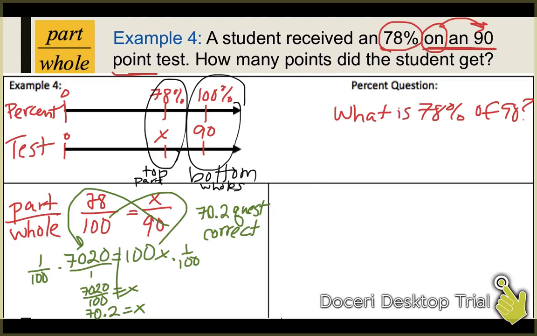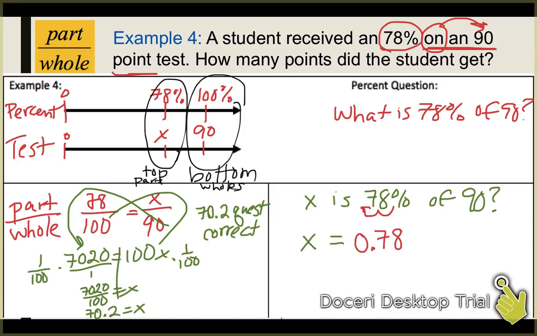All right, the equation is x is 78% of 90. Right, we're going to fill in our variable. We have x and we have equals. 78 has to be in decimal form, so I'm going to move the decimal over twice. So I get 0.78. And then of means to multiply 90.